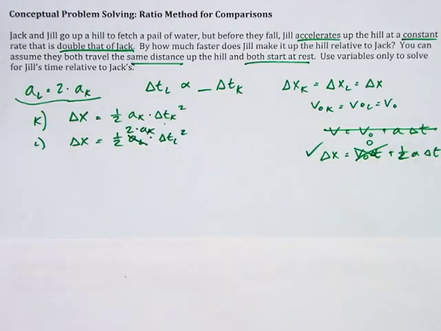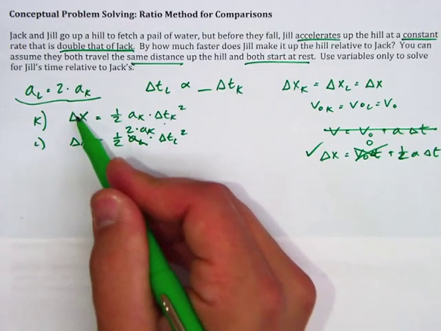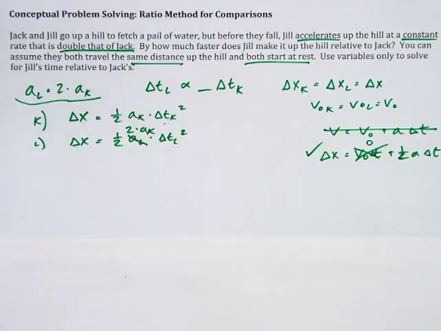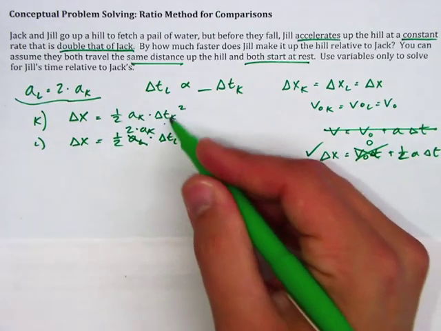So this is helpful because it eliminates a variable. And now when I do a ratio between these two, what you'll see is everything cancels out other than the times that we're looking to compare, because now our displacements are the same and our accelerations are in the same terms, and the only thing that's not the same are the times.